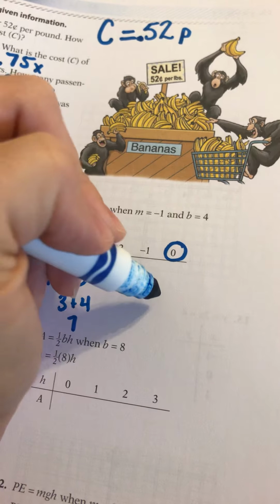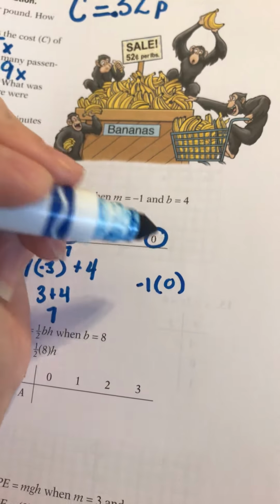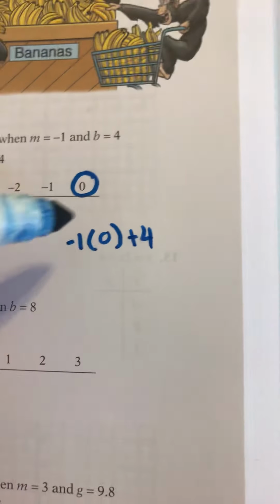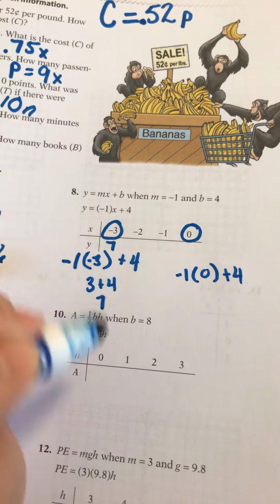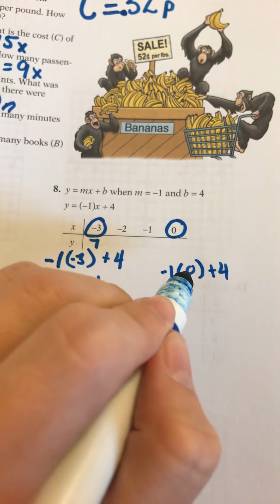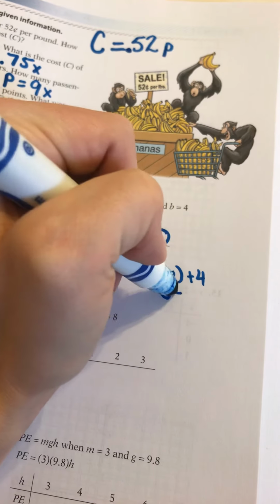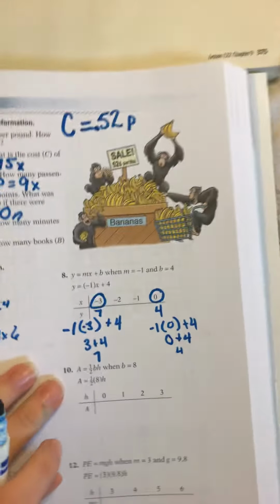We have -1 times 0 plus 4. Well, -1 times 0, because I just moved 0 into that x spot, is 0. 0 plus 4 equals 4. Okay.